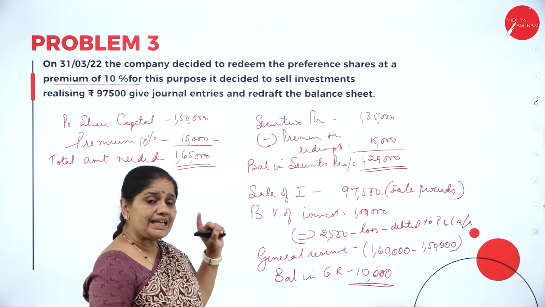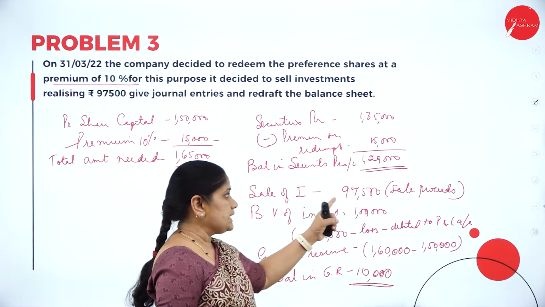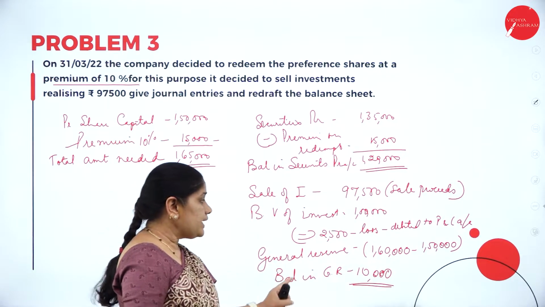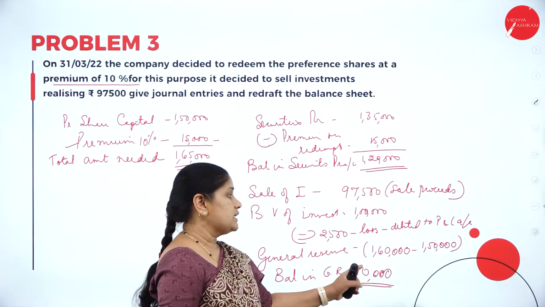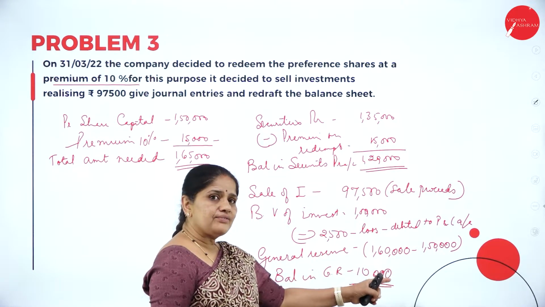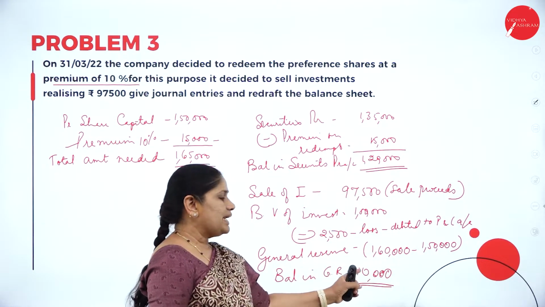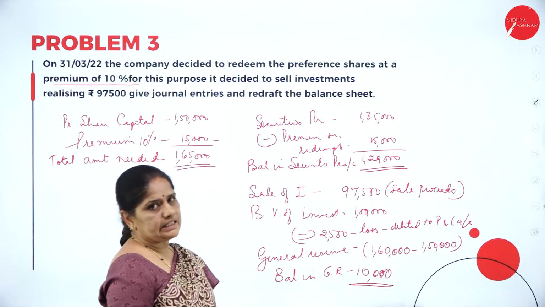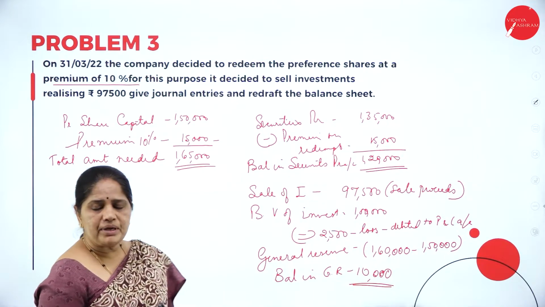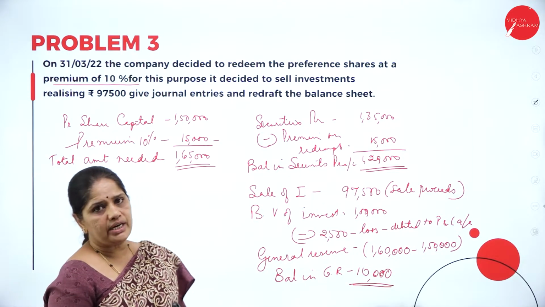Since we need cash to pay, we are selling the investments at 97,500, and then we are adjusting from the general reserve 1,60,000. Out of that 1,50,000 we are taking. So balance in general reserve will be 10,000. So these are all the arrangements we are making for the payment to the preference shareholders.